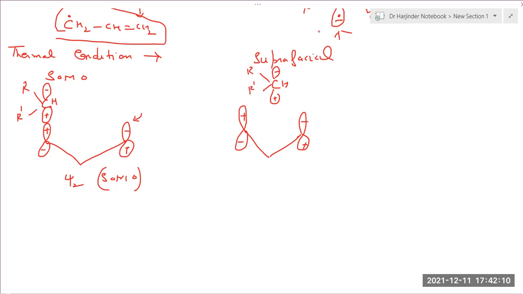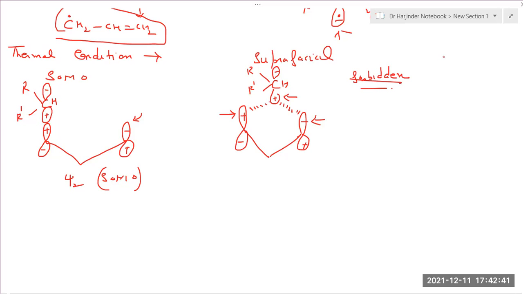In suprafacial, the same lobes that are present on the same side are overlapping. So this lobe is overlapping, and here this lobe is overlapping, either this or this one, which is present on the same side. So is your reaction allowed or forbidden? Forbidden. So in suprafacial, it is forbidden.